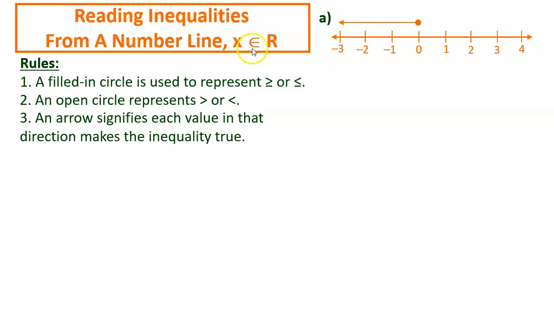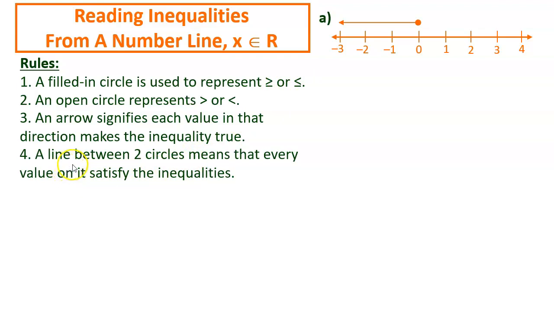So the variable x may have any of these values which are lying on the number line and are towards the left side of this value 0. And of course the 0 will also get included because the inequality sign will either be greater than or equal to or less than or equal to. Which one will it be? We are coming to that.